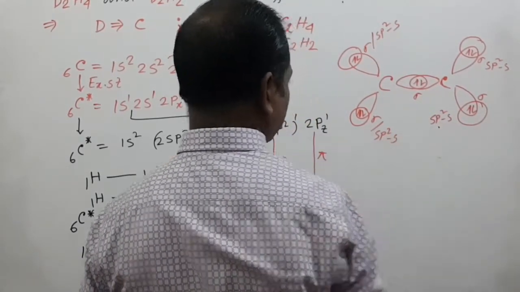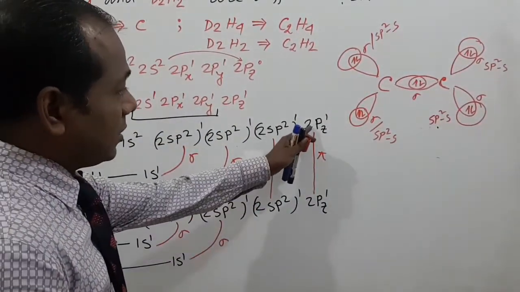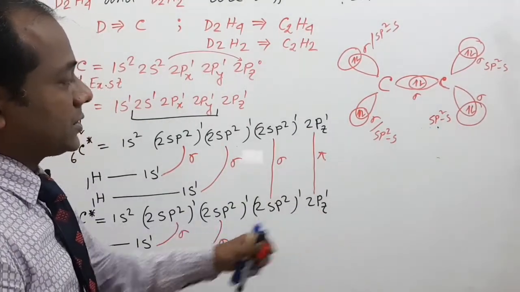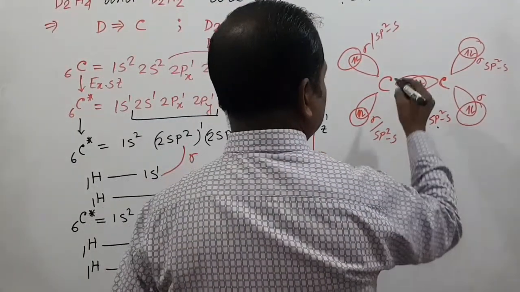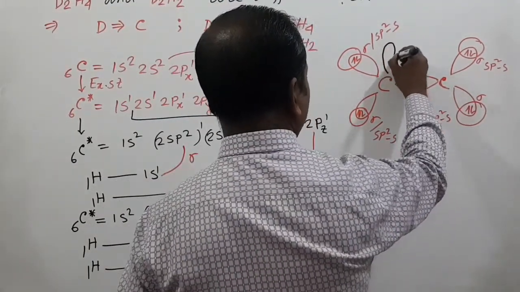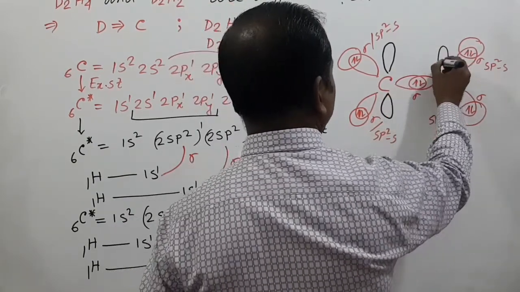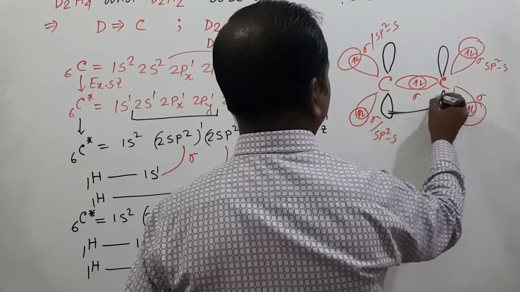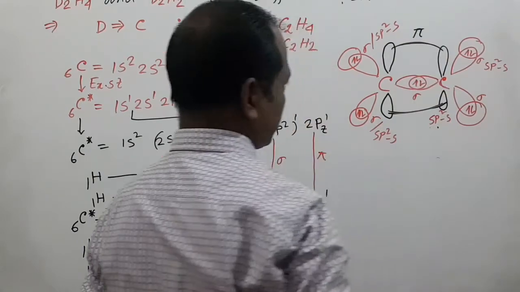And now we can see that one non-hybrid orbital of this carbon and one non-hybrid orbital of the other carbon overlap sidewise, and this forms a pi bond, my dear students.